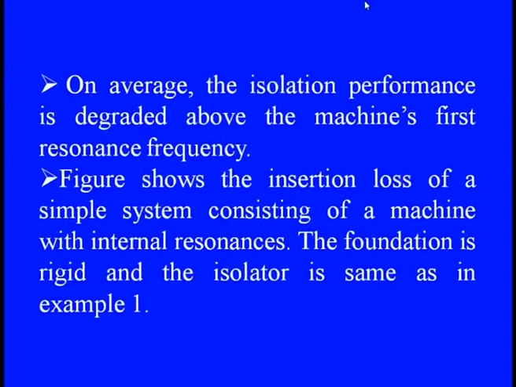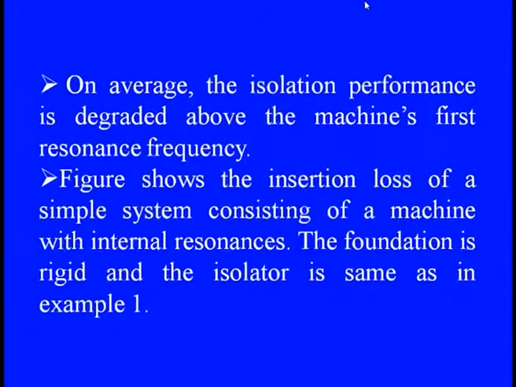But on an average we can say that the isolation performance is degraded with that, because when you have the flexible machine, whatever the performance features coming out due to this isolator having a different deformation rate, the insertion loss is also varied with that. So certainly the performance is degraded with the first resonance itself.